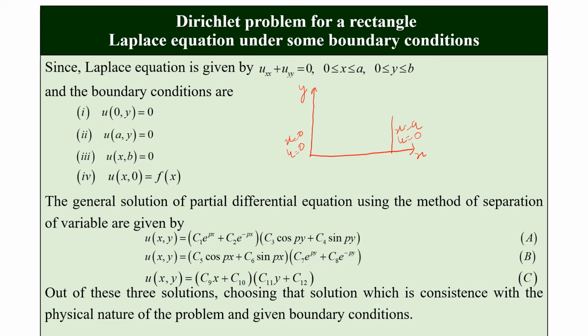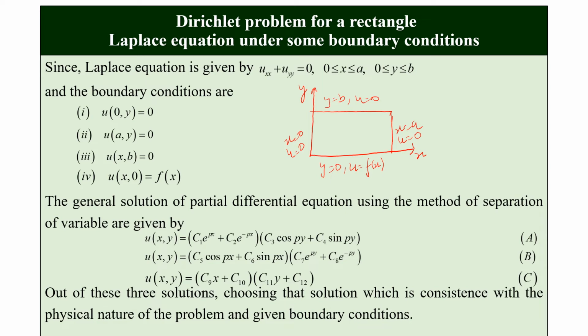In the third boundary condition, when y is equal to b, u is equal to 0. And in the fourth boundary condition, when y is equal to 0 on the x-axis, the value of the function u is equal to f(x). So we have to solve this Laplace equation using these boundary conditions.